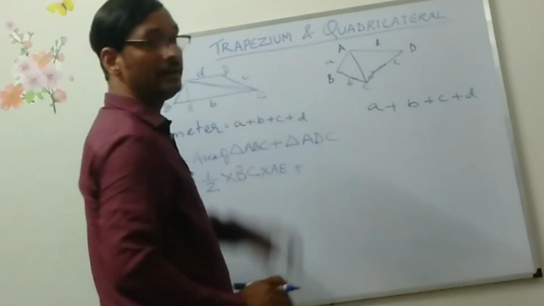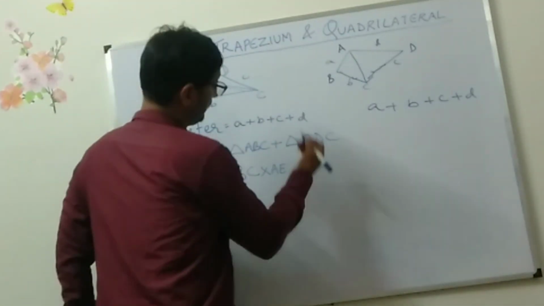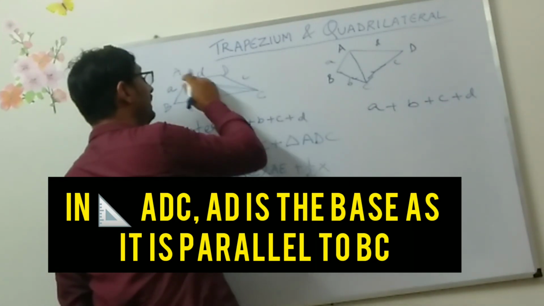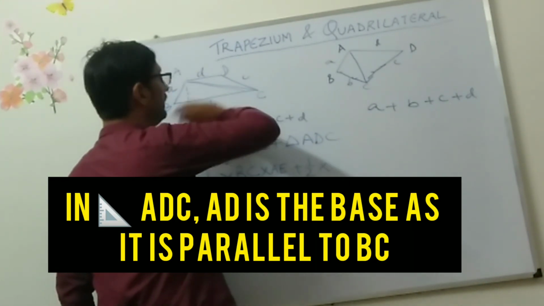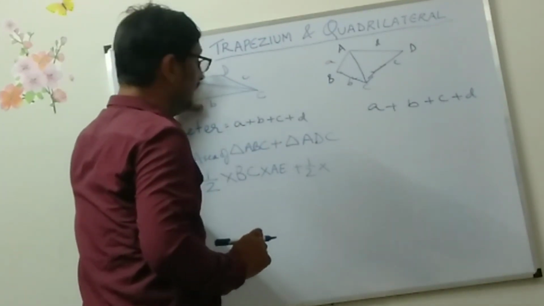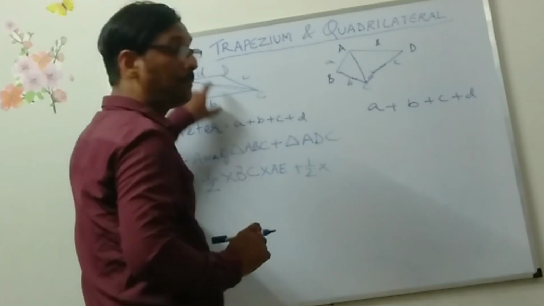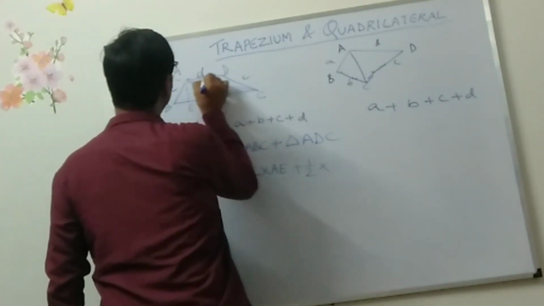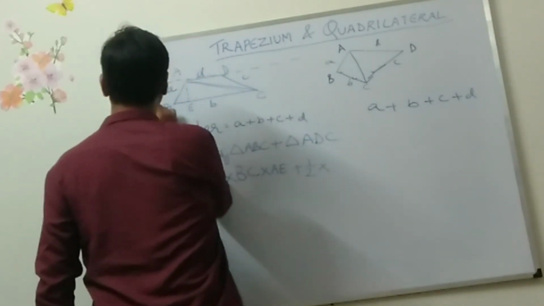Now I am finding out the area of ADC. Same logic. Half into base. What is the base of ADC? Don't look at this one. ADC. In this figure, these two lines are parallel. Parallel lines means what? They are maintaining equal distances throughout.